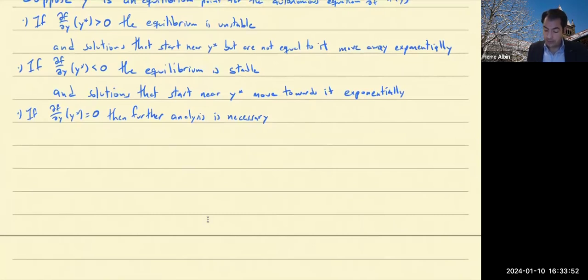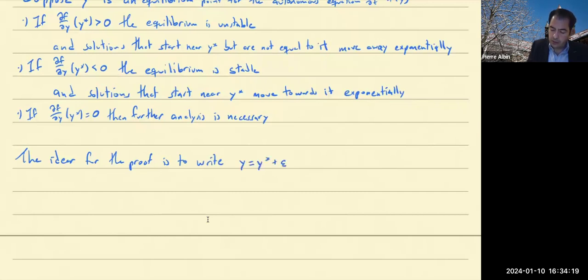Okay, so we're not going to prove this theorem, but let's wave our hands a little about how it's proven, right? So the idea for the proof is to write y as y star plus something small.